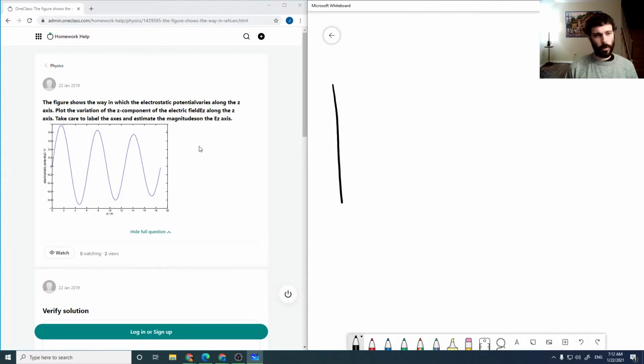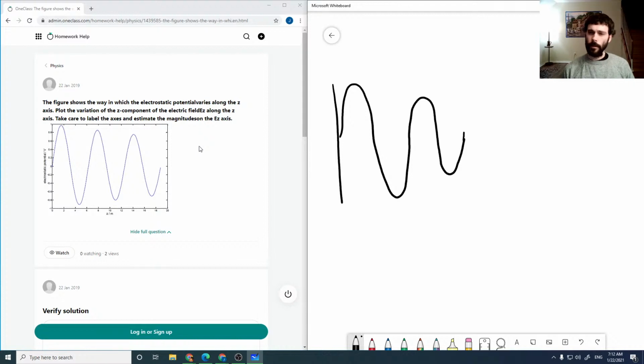And really, we just want to sketch out the relationship between the potential and the E field anyway. So this is probably not varying in a continuous way, but that's okay.